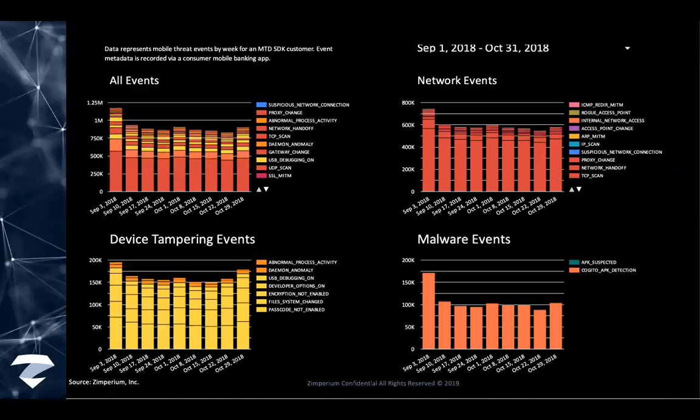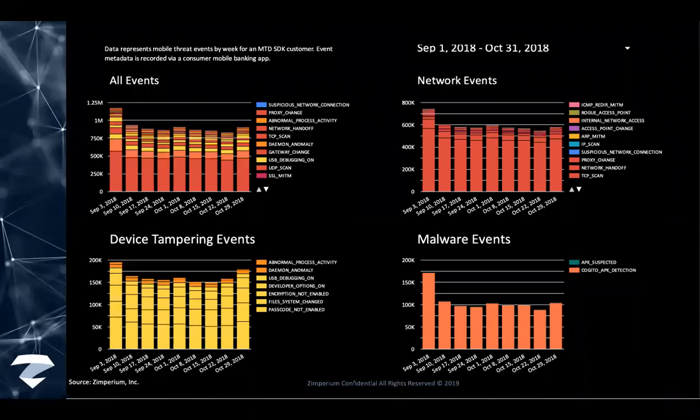Since I don't have control of the health of that consumer app, really what's going on out there. This is a mobile bank application, and what really surprised them was the level of security that they had in the mobile app with all the fraud and all the authentication, yet they still found that the health of the customer devices was very, very poor.